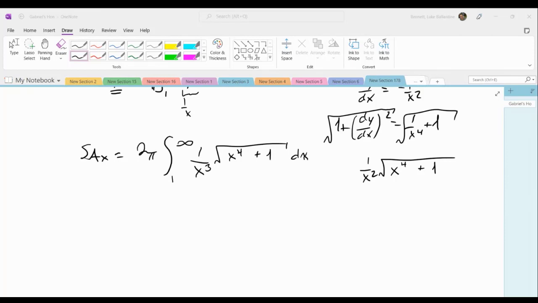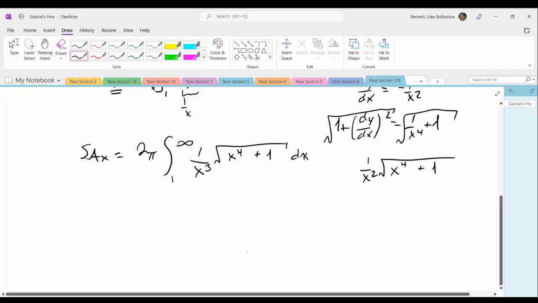Okay, well, I'll go ahead and tell you. u equals x squared. So du will be 2x dx. Well, we don't have an x. That's okay. We'll just multiply by x over x.